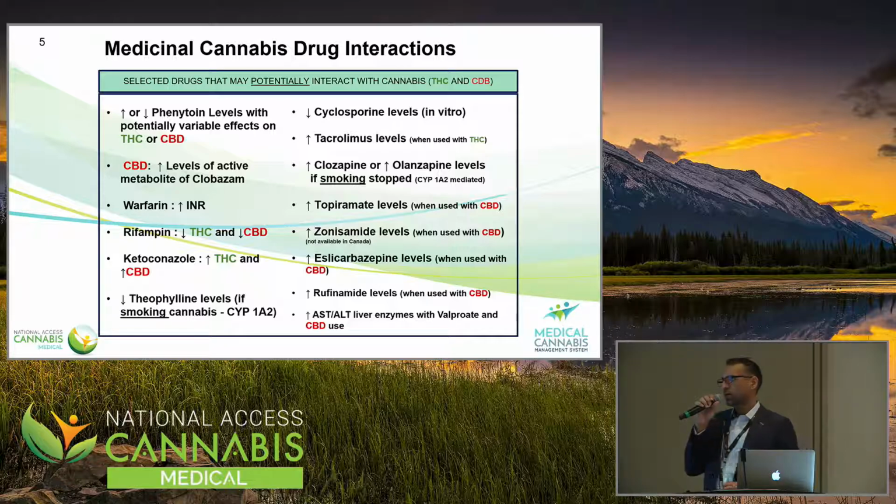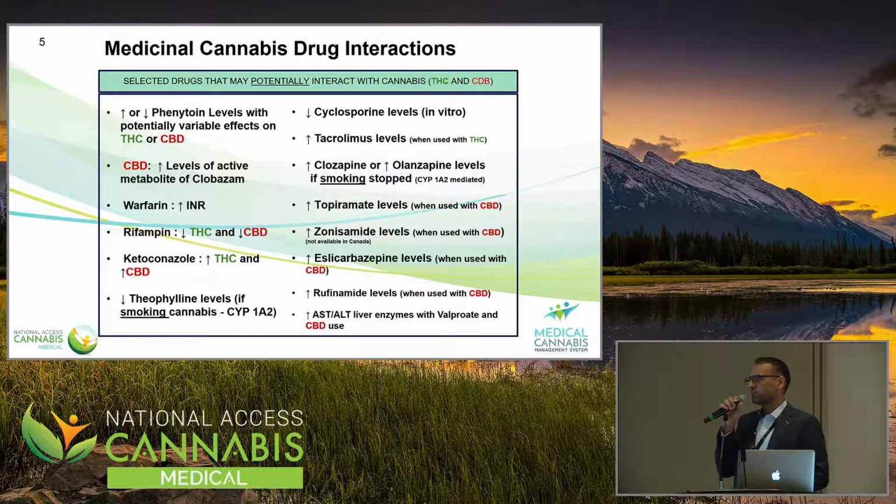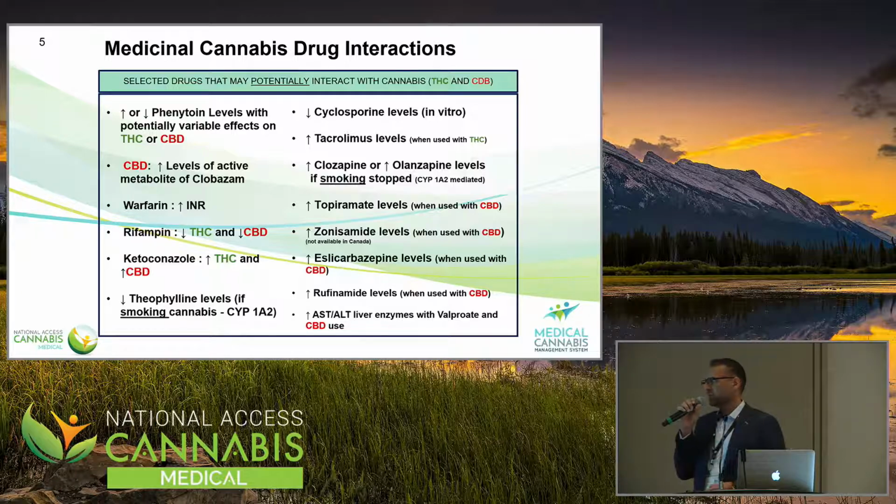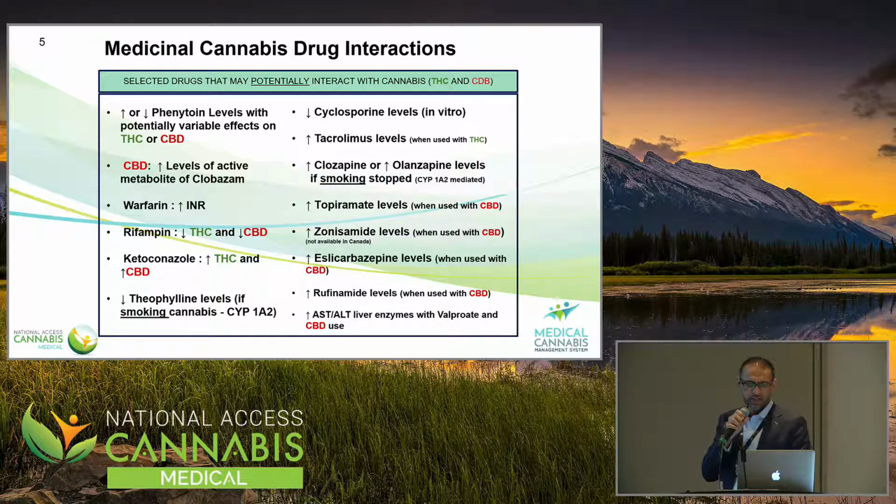Increased topiramate levels, specifically with CBD. Zonisamide, not available in Canada, but you can potentially see an increase in levels there. So zonisamide is used in Parkinson's and epilepsy management.